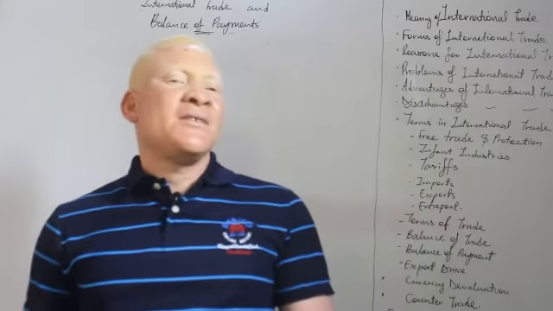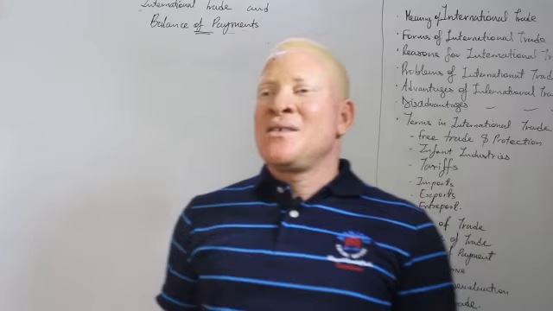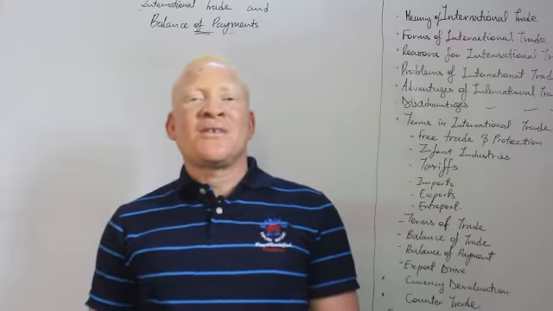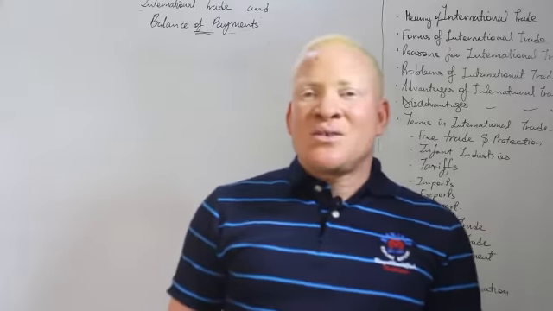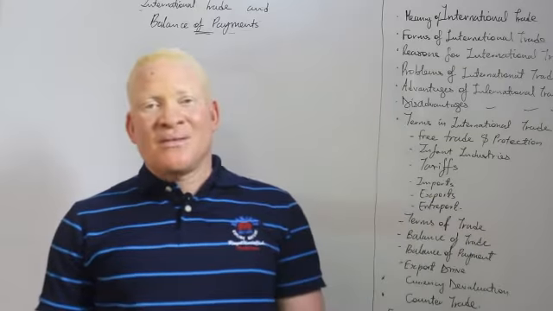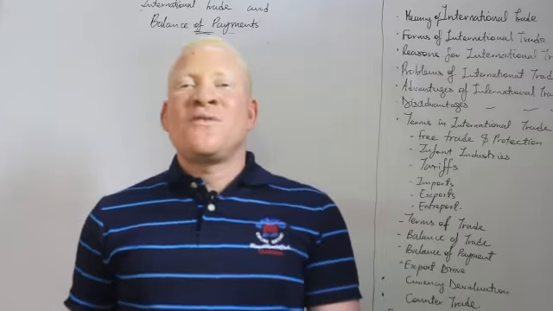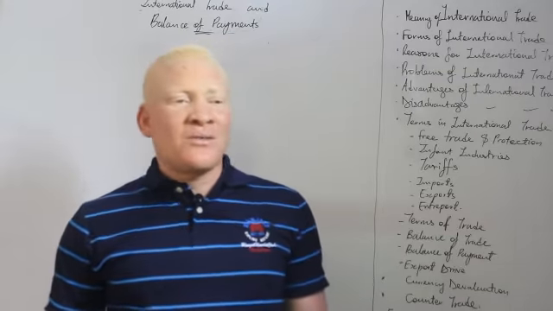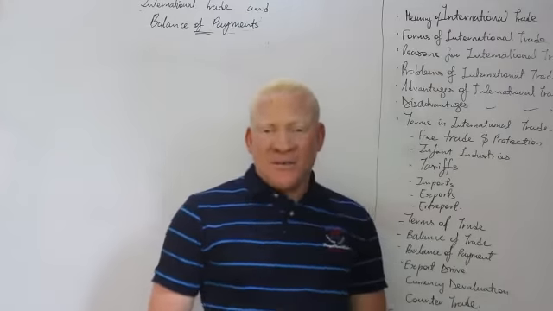The second point is that international trade in most cases does not encourage industrial development. That is where there is over dependence on foreign made goods. Then also it could result in dumping of goods.